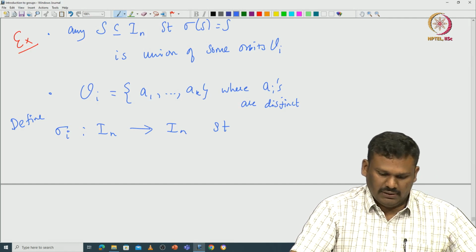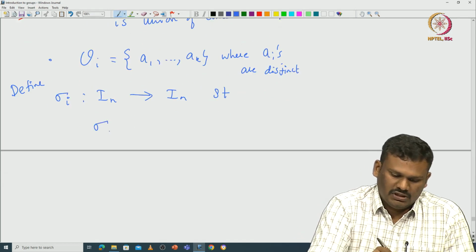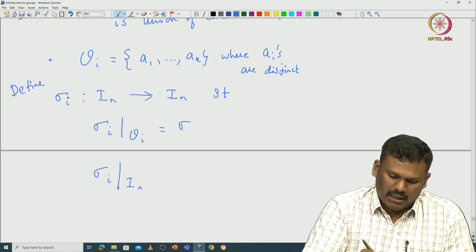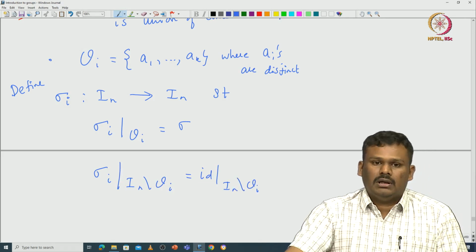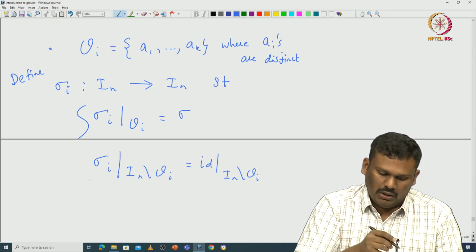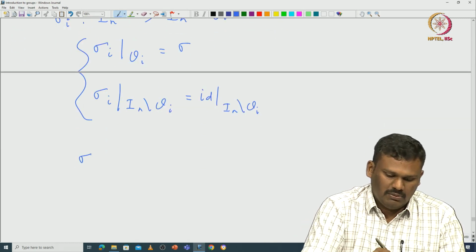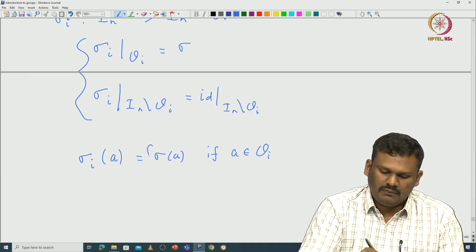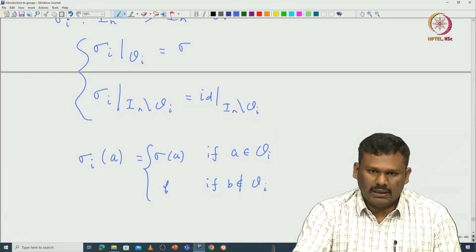It is defined exactly the way sigma acts on this orbit. Sigma_i restricted to O_i is sigma, and sigma_i on all other elements is the identity, on I_n minus O_i. So sigma_i of a is sigma of a if a comes from O_i, and it is the identity if a is not coming from O_i.